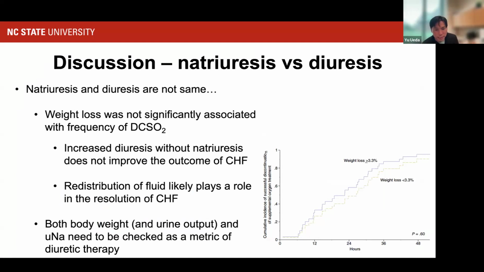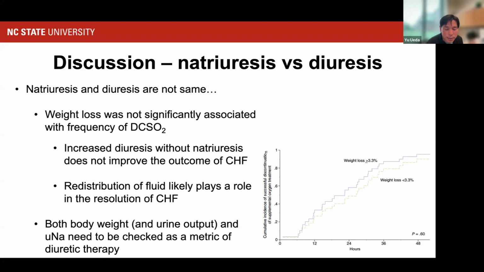And according to this study, and the previous studies, weight loss and urine output were not significantly associated with the frequency of successful discontinuation of supplemental oxygen.